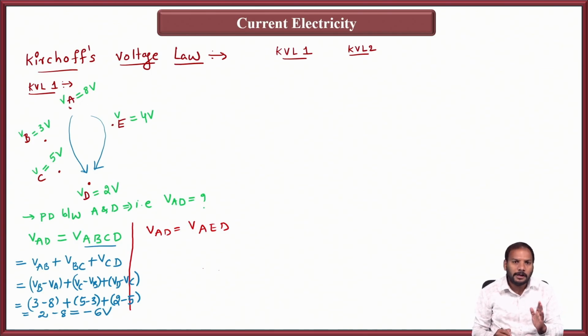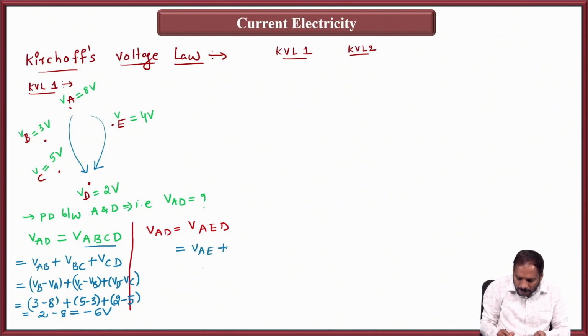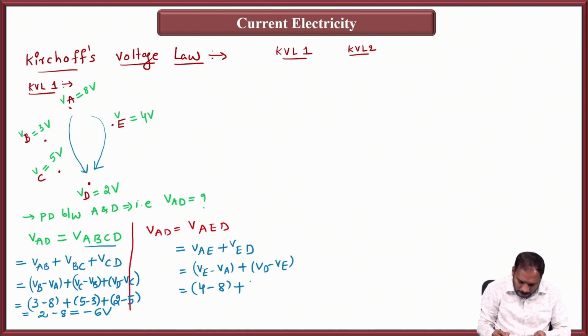So this is one method you can apply Kirchhoff's voltage law 1 to calculate the potential difference between the two points A and D. Another approach is VAD equals VAE plus VED, which is VE minus VA plus VD minus VE, that is 4 minus 8 plus 2 minus 4.